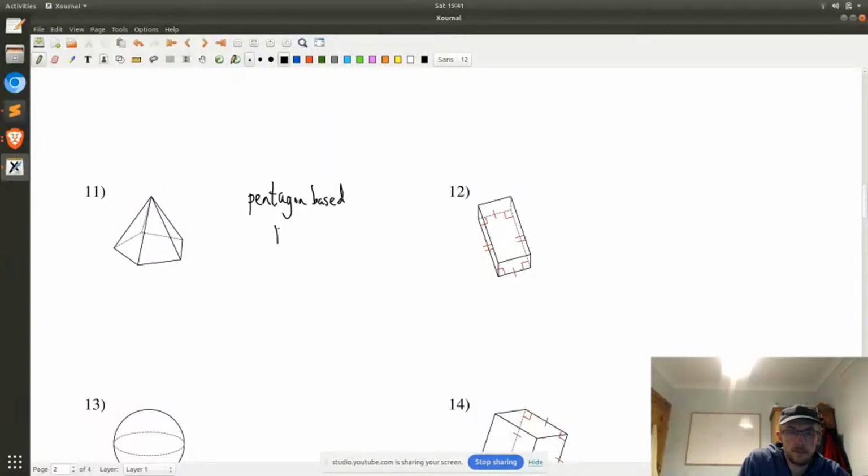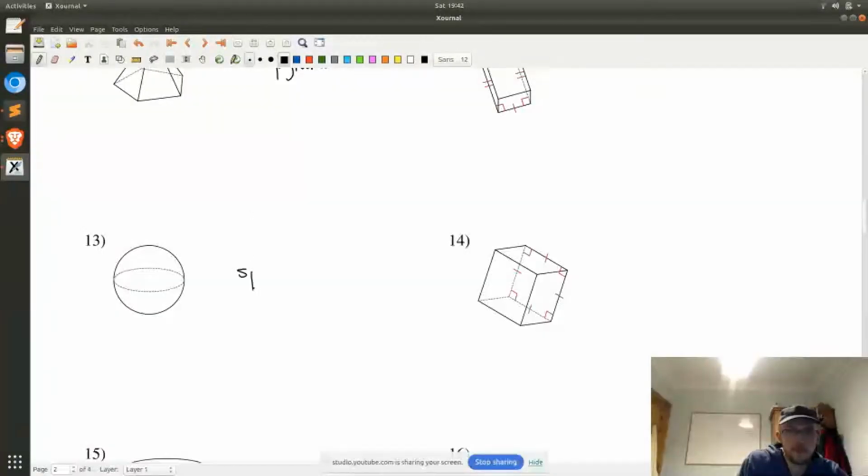Pentagon-based pyramid, or pentagonal pyramid, I guess some people may say. I would just literally call this a cuboid, but they may call it a rectangular prism.